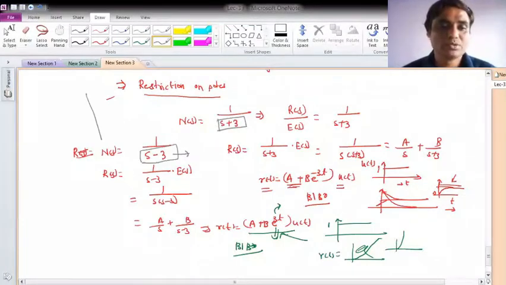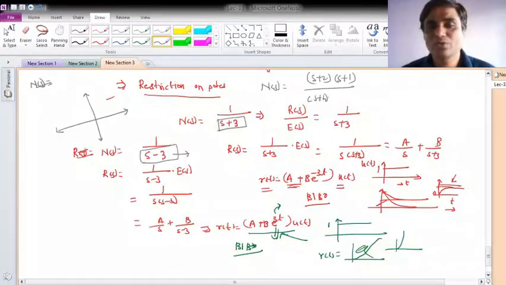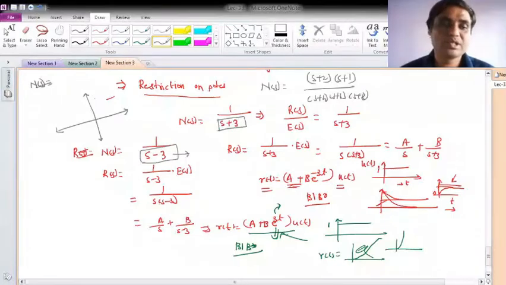So how can we plot the poles and zeros in the S domain? Suppose I now have the transfer function N of s like this: s plus 2, s plus 1 over s plus 4, s plus 6, s plus 8. Now I would like to plot these poles and zeros in the S domain, that is, show the pole zero diagram.